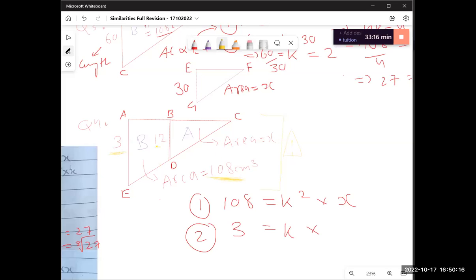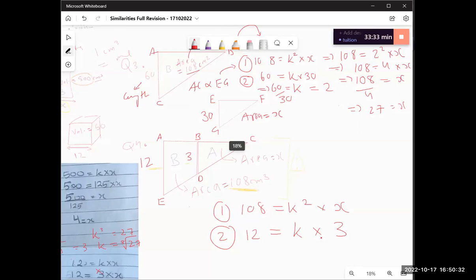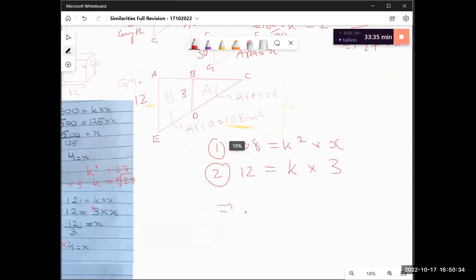Okay? And 12 is the, actually, no, that's wrong. Let's take it like this. 12 and 3. Fine. Now the bigger shape is 12 and K into 3. Fine.